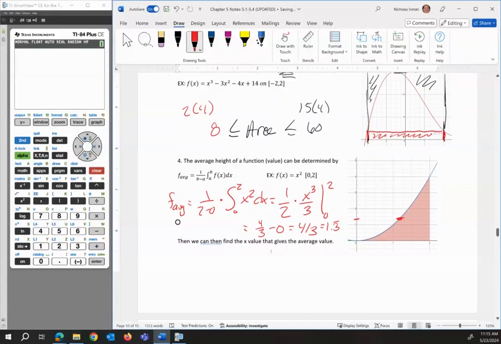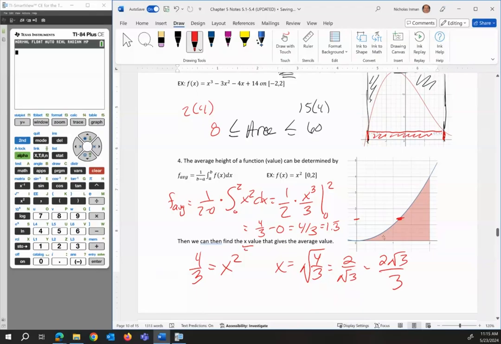We can then use this if we want to find the x value that works. If we say 4/3 equals our equation, we can then solve. Take the square root of both sides. So the square root of 4/3, so 2 over the square root of 3, times the square root of 3 on the top and the bottom. So 2 square root of 3 over 3.